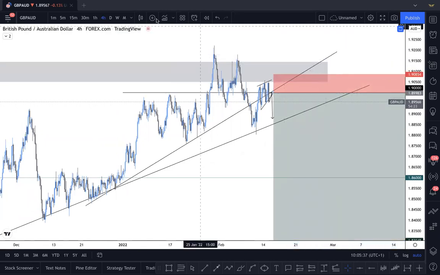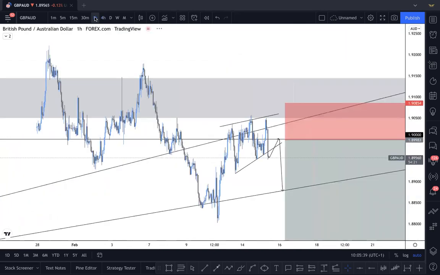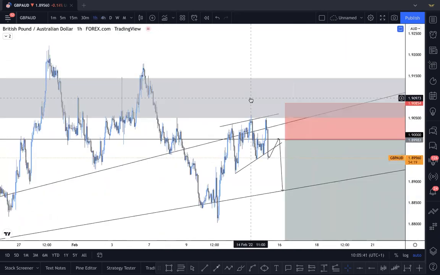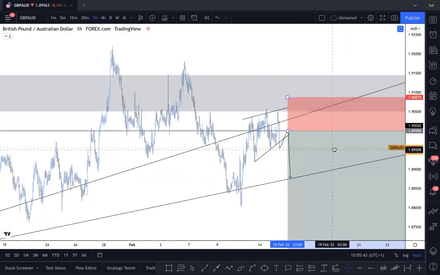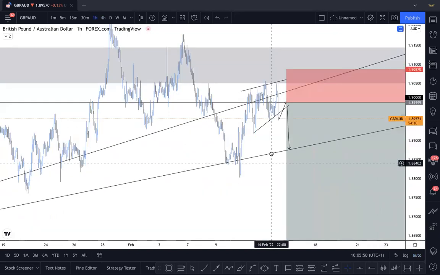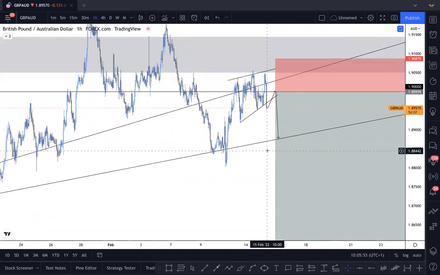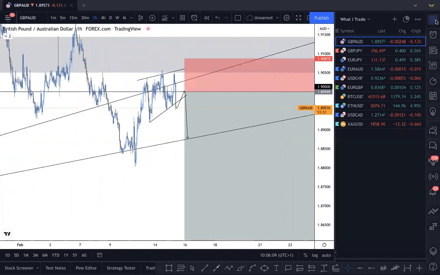So for GBP AUD, look for a sell at 1900, because this consolidation has been broken already. We're going to look for a lower high and candlestick confirmations. Then you can execute your trade, right? So that is GBP AUD.